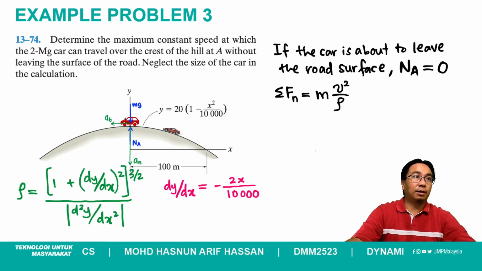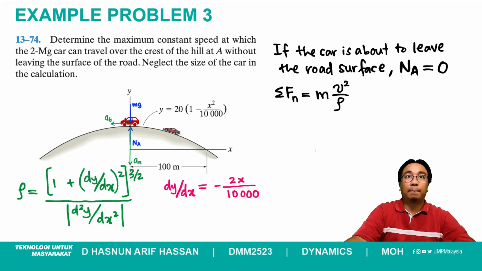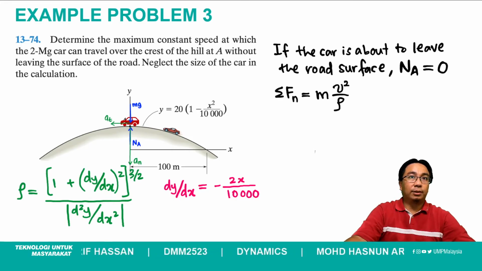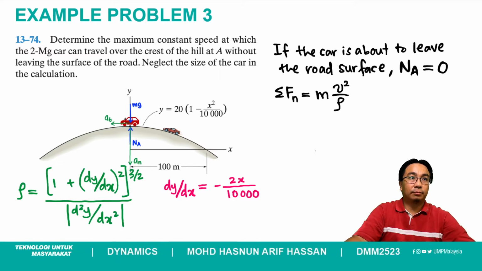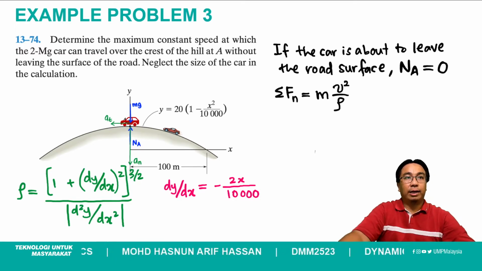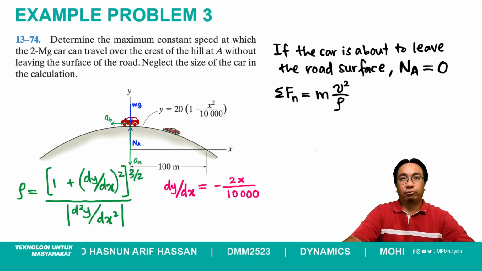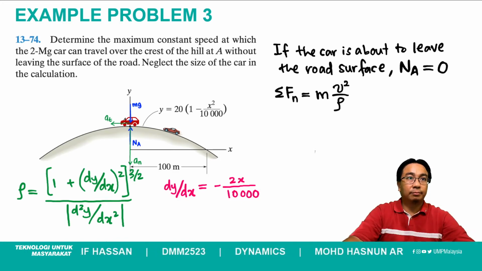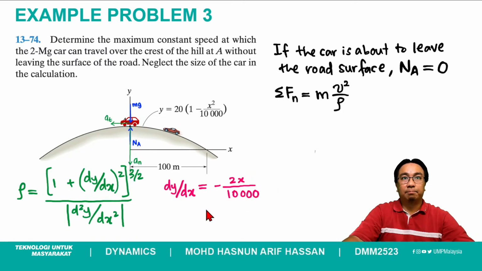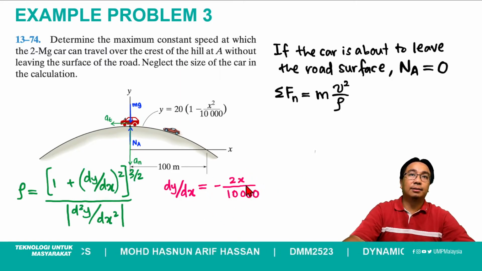Wait, let me calculate. I think my answer is the wrong one. 40 divided by 10,000. Okay, you get 0.004, right? Yep. Okay, my answer is wrong. Please correct this.